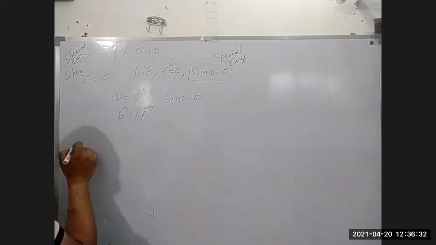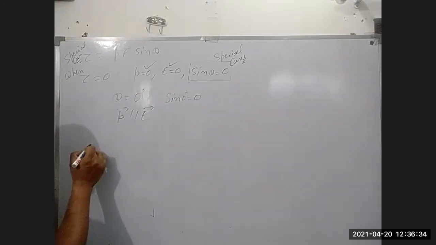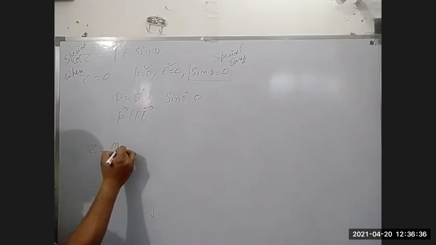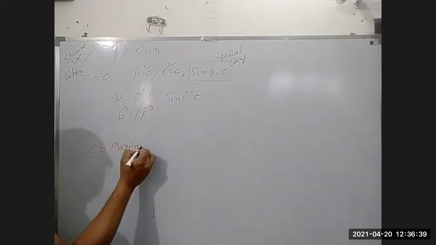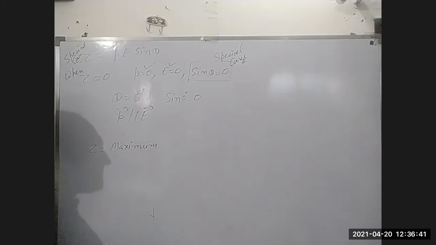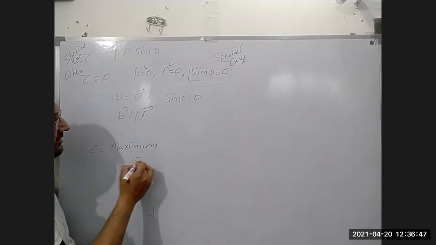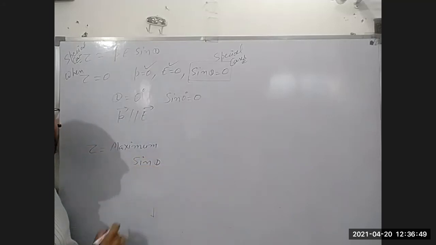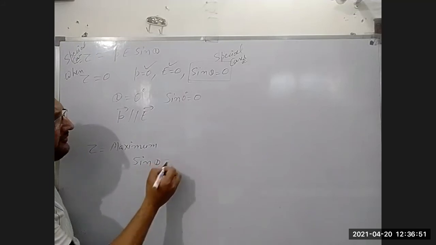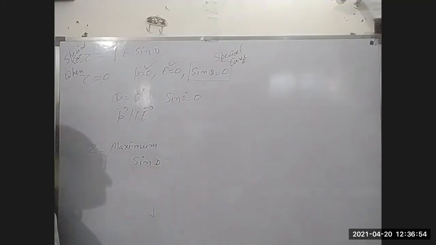Now the second case: when the value of torque is maximum. Again, don't bother about P and E. Take only the value of sin theta. What is the maximum value of sin theta?